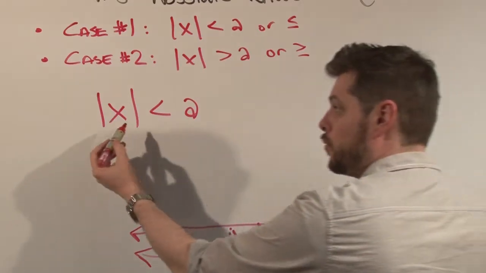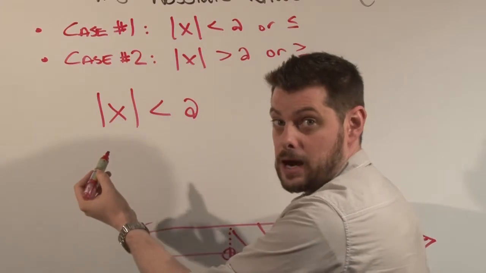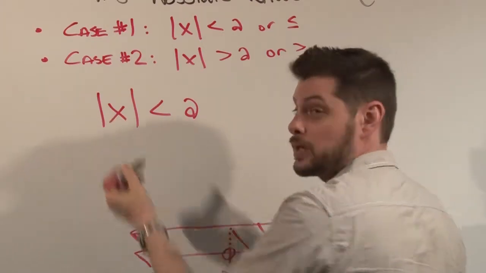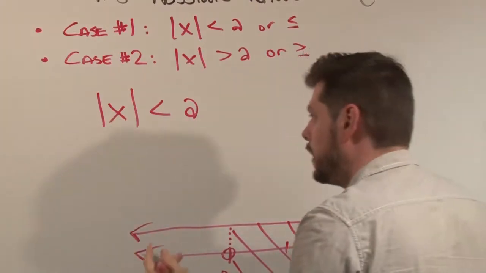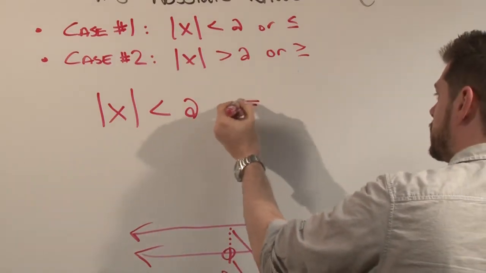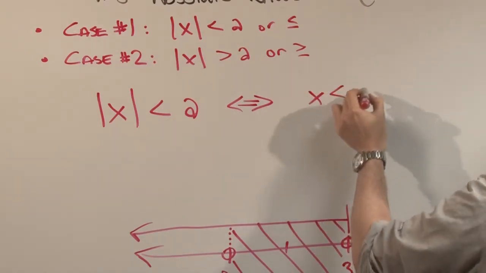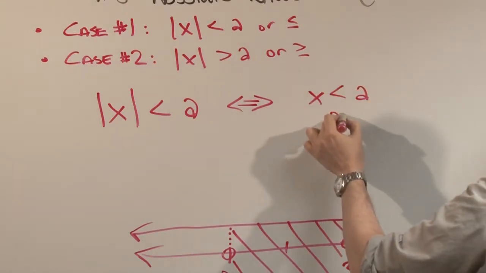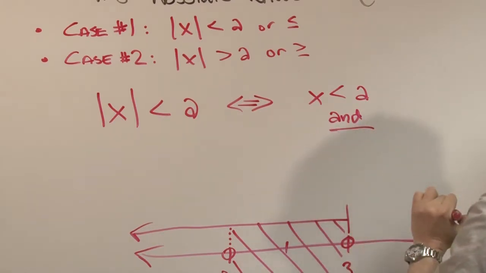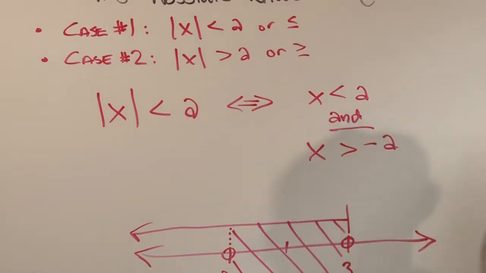But that doesn't mean we only are allowed to put positive numbers inside our absolute value function. In fact, we're allowed to put any number we want inside there. But it will always return a positive number. So we can rewrite this as saying x must be less than a, and, not or, but and, x must be greater than negative a.